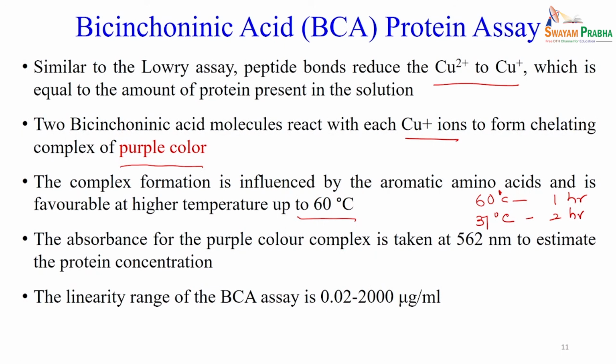After the incubation we get the purple color, then we can measure the absorbance at 562 nanometer to estimate the protein concentration, and its linearity range varies between 0.02 to 2000 microgram per ml.